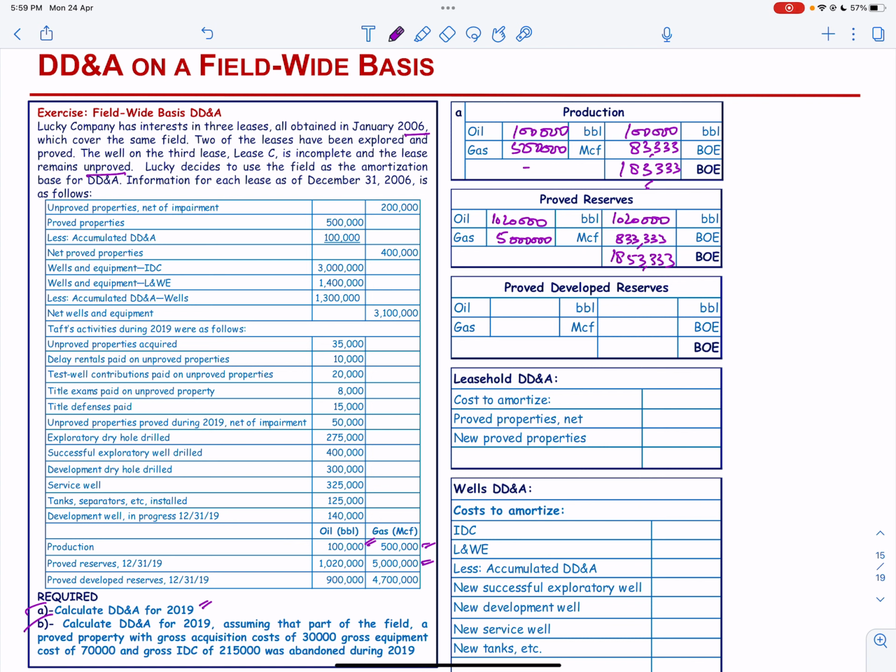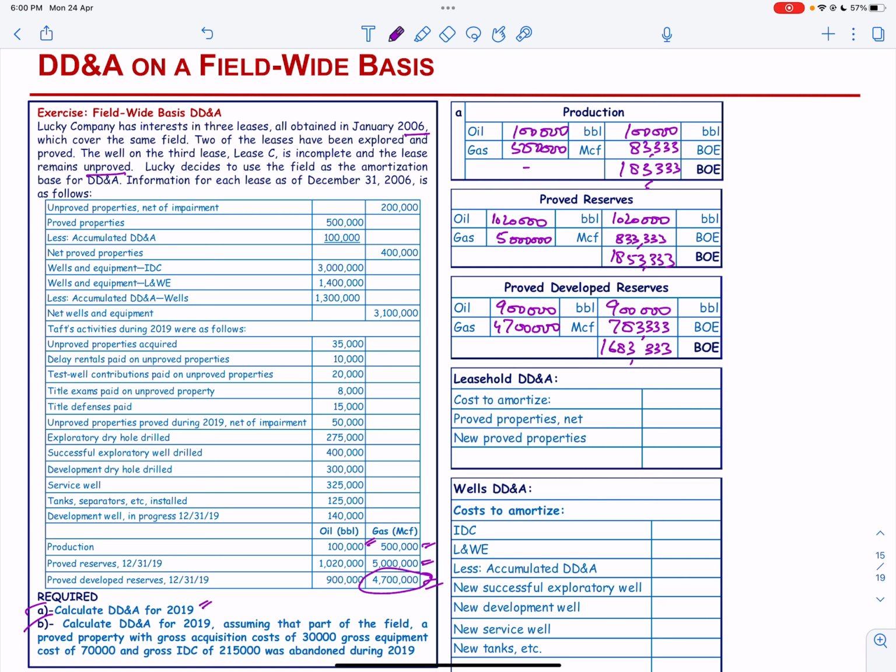Then we have the proved developed reserves, and the proved developed reserves are 900,000 barrels. So that remains the same, 900,000. And then we have in metric cubic feet 4,700,000. So that is 783,333, and this becomes 1,683,333.